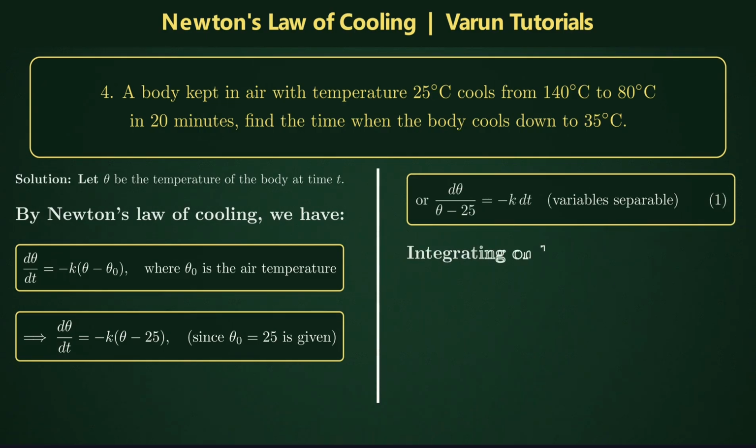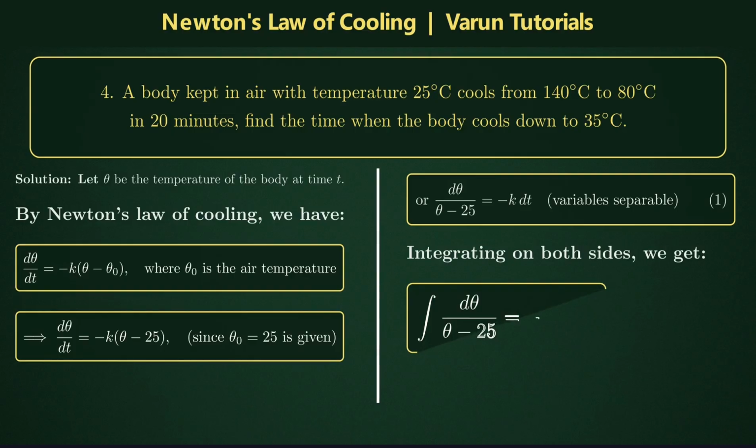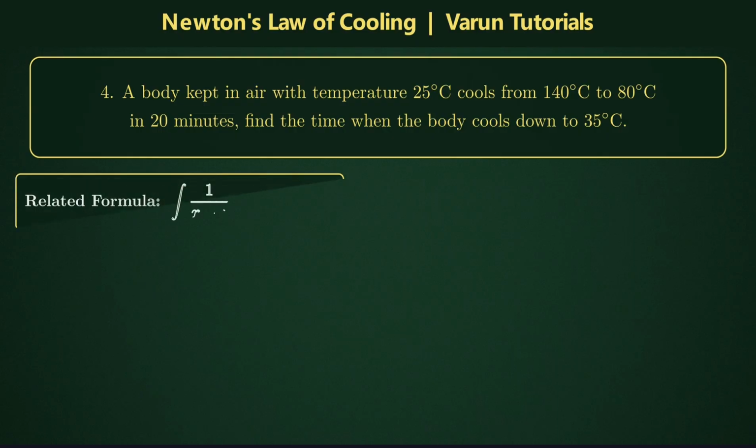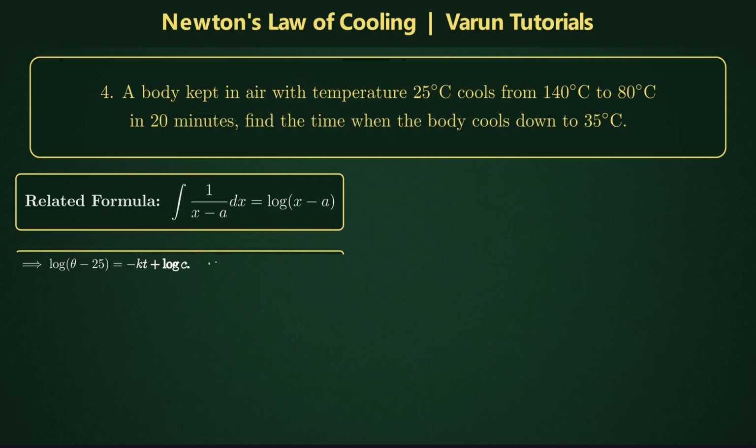Integrating on both sides of the equation, we get the integral of d theta over theta minus 25 equals minus k times the integral of dt. Recall the integration formula for 1 over x minus a. Integrating, we obtain log of the quantity theta minus 25 equals minus kt plus log c, where c is the integrating constant.